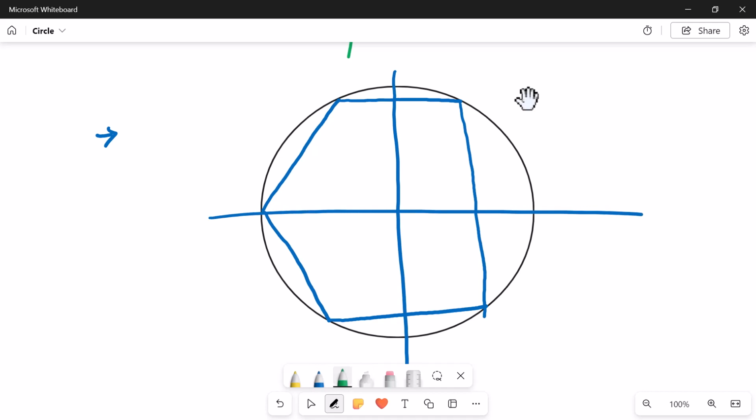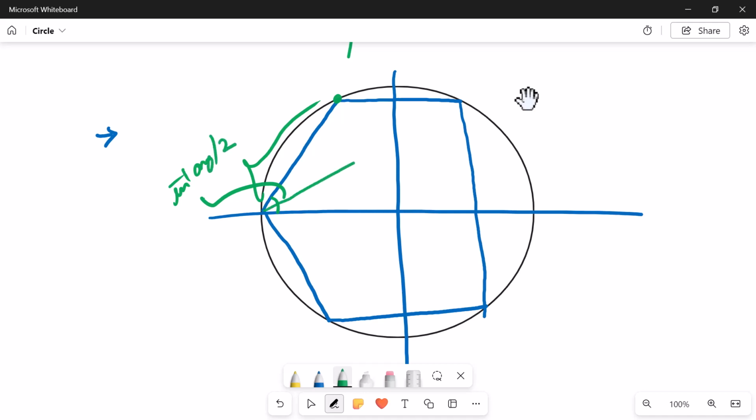So this angle is very easy to find, and therefore this particular line is very easy to find, because this angle is nothing but the internal angle divided by 2.